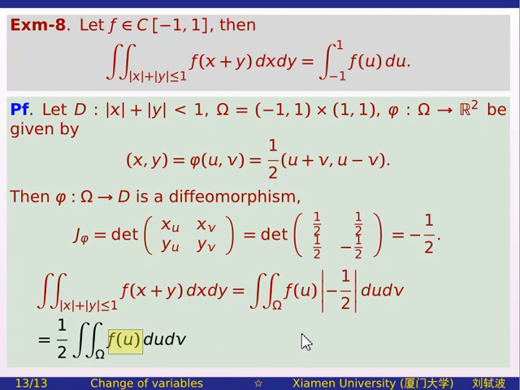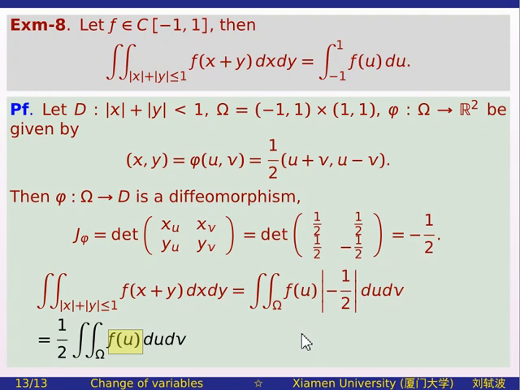Similarly, a single variable function can also be considered as a two variable function. It simply depends on u, not on v: given u, for every v, the value of the function at (u, v) is f(u).